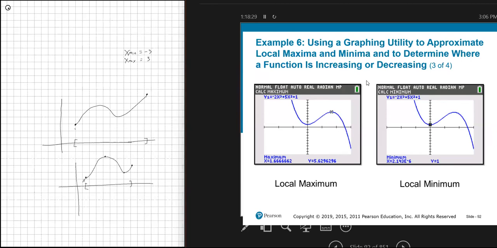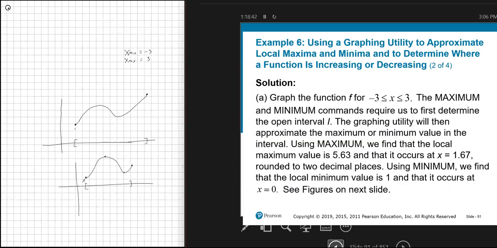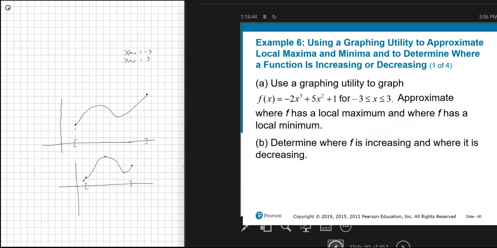So what was it? A -2x to the what? I'm going to back up so I could see this. It's been so long since I've done this. That's why I'm doing it.